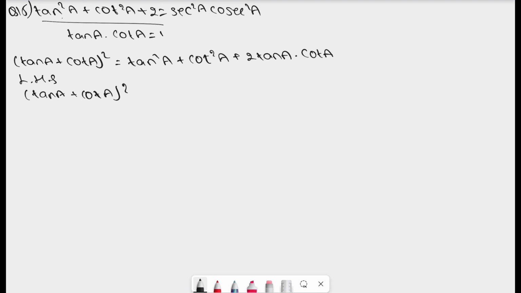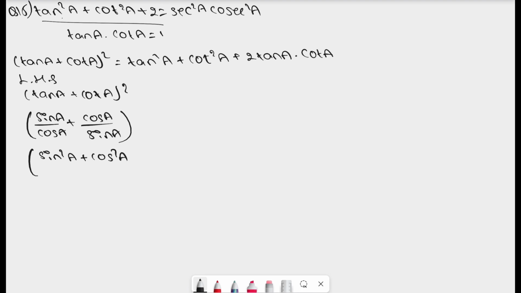Now convert this in terms of sin and cos. This tan can be written as sin A by cos A, and this cot can be written as cos A by sin A. Now we'll go with our LCM. We'll get sin square A plus cos square A by cos A into sin A, and don't forget to write the whole square part.